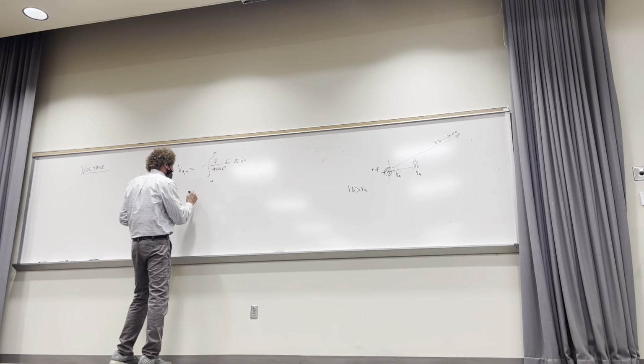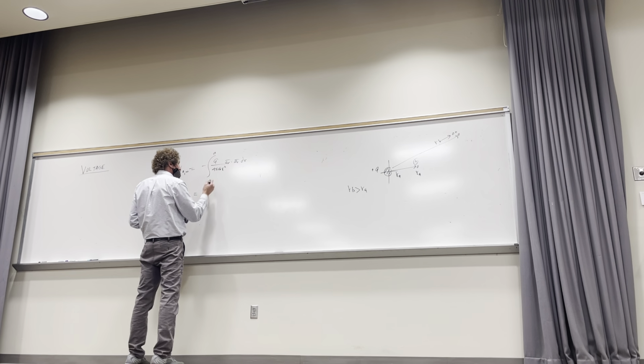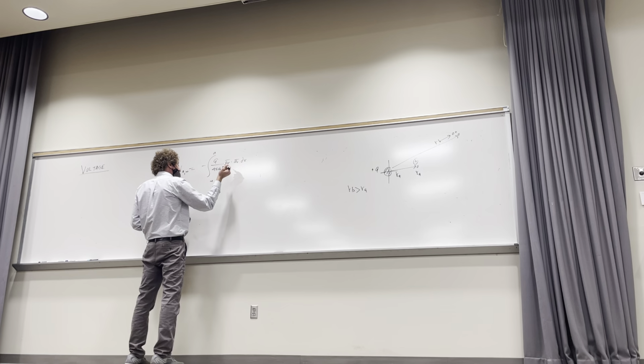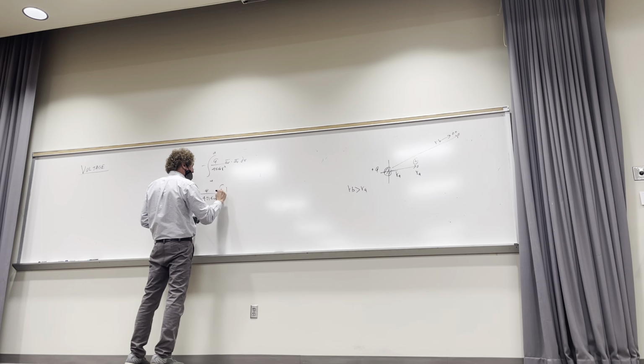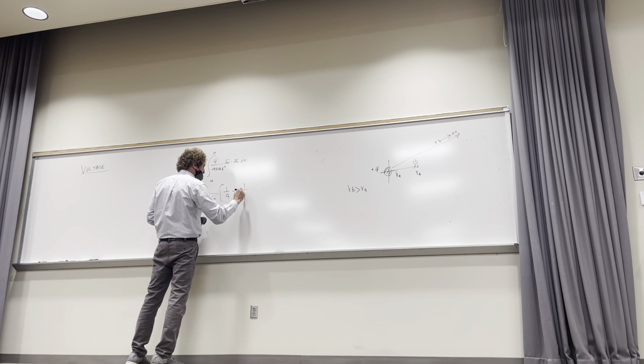When you get this, it comes out to be equal to, I get a 1 over R squared integration, integrated is minus 1 over R, with the minus sign it is positive, and then I evaluate it. So I get basically Q over 4 pi epsilon naught, and then I get 1 over A minus 1 over infinity.